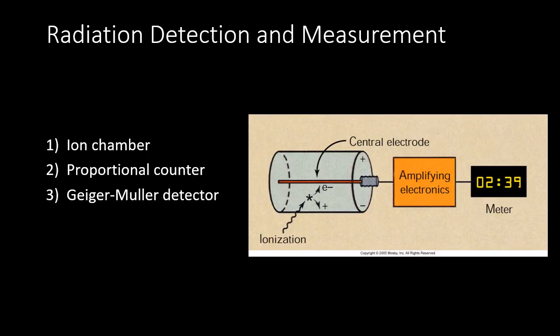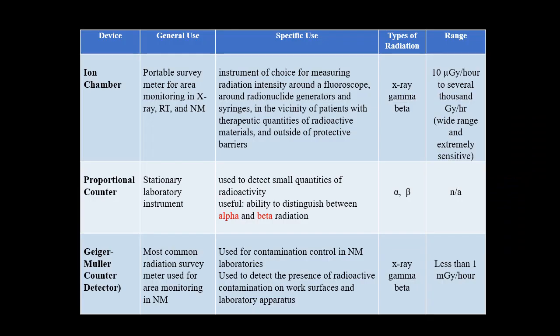So we have 3 of our ionization chambers: the ion chamber, the proportional counter, and the Geiger-Müller detector, otherwise called a GM counter. The ion chamber is a portable survey meter for area monitoring in X-ray, radiation therapy, and nuclear medicine. It's for things such as fluoroscopes. It's for areas around radionuclide generators.